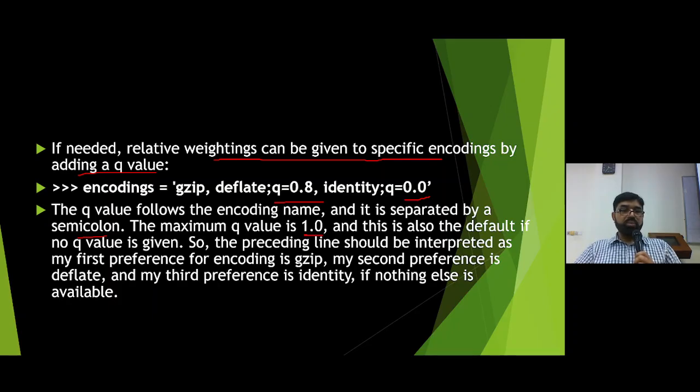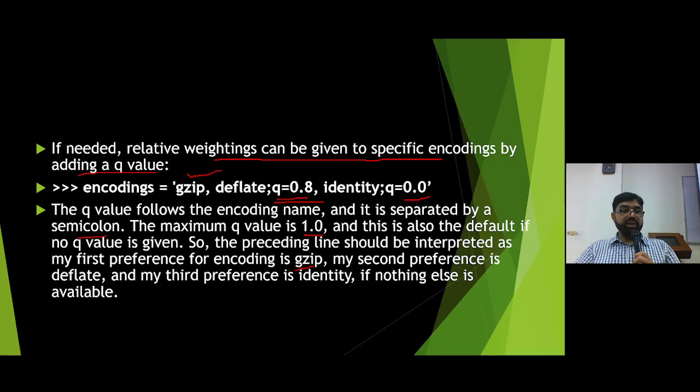So the preceding line should be read as: first preference for the encoding is gzip, since here we did not define anything. For deflate we define 0.8, and for identity we define 0.0.